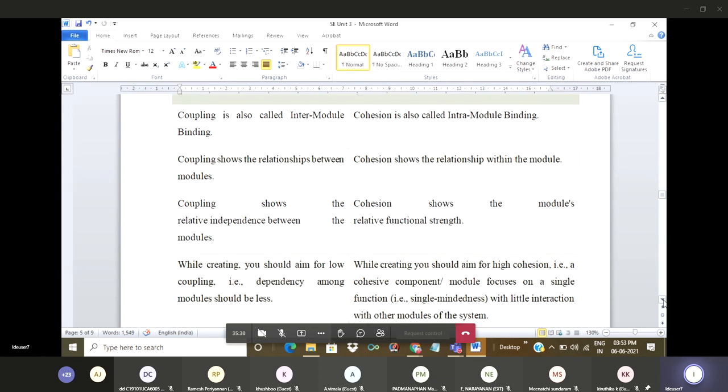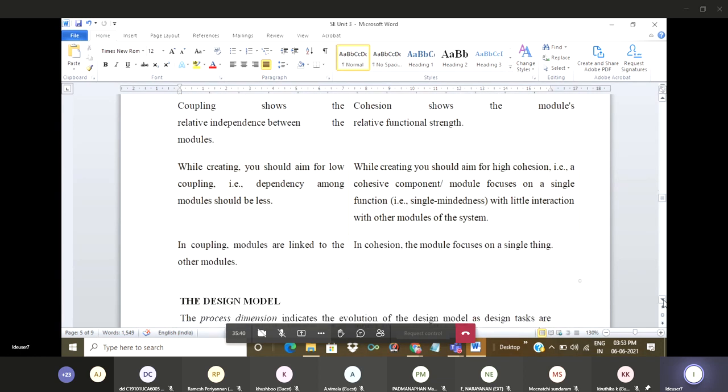While creating, for coupling you should aim for low coupling, that is, dependency among modules should be less. In cohesion, you should aim for high cohesion, that is, a cohesive module focuses on a single function, with little interaction with other modules of the system.